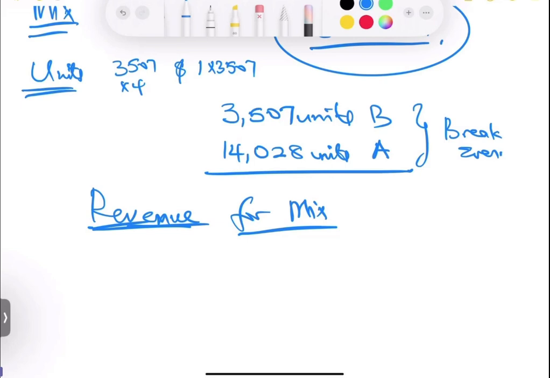The assumption is still going to be valid, which is, constant mix is still what we're going to be using. But remember, yesterday we did not use contribution per unit for revenue analysis. What did we use yesterday? Contribution to sales ratio. Exactly. Contribution to revenue was what we used. So the same thing we're going to be using today.